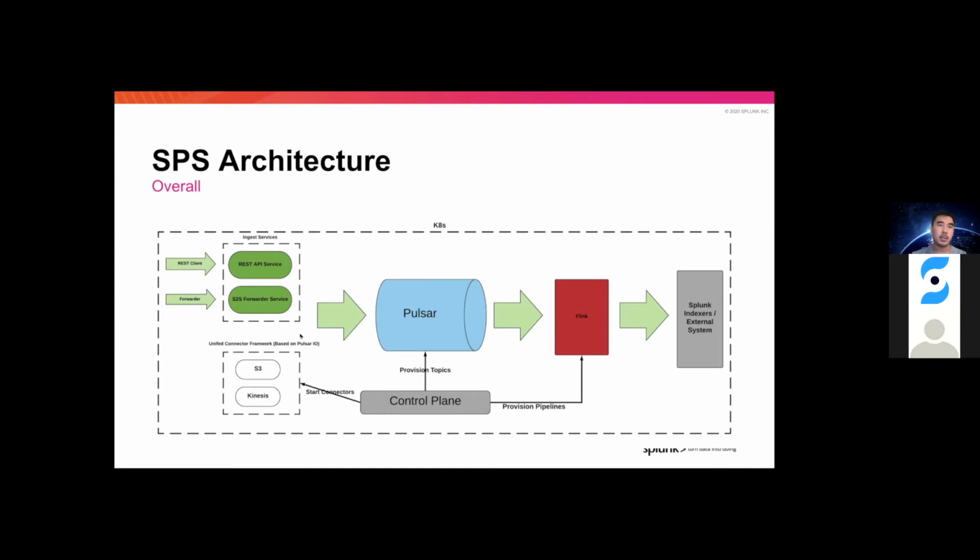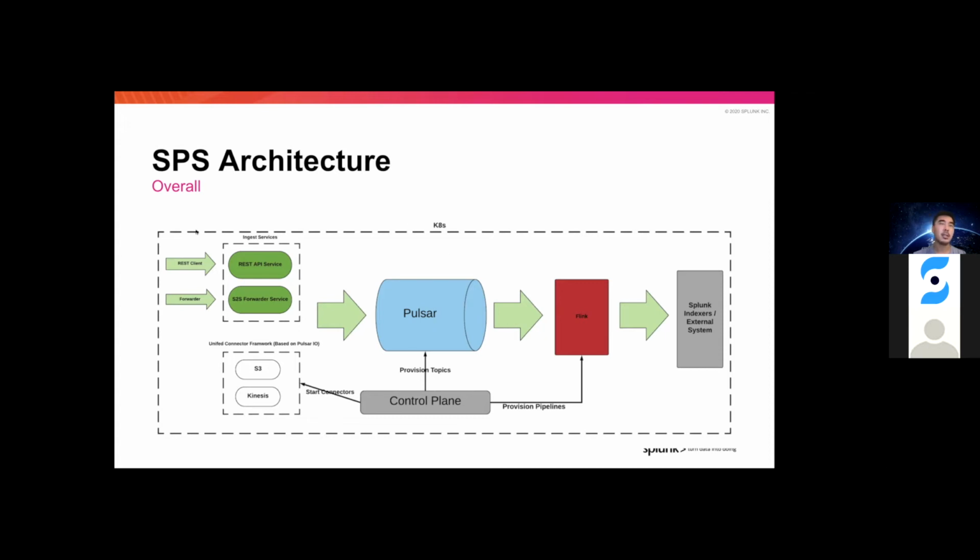People probably familiar with Splunk know that this is traditionally how data is sent to Splunk in general, by configuring forwarders on your various systems, and the forwarders will forward the data in this S2S protocol format into Splunk indexers. So SPS is also able to ingest data in this format, send it to Pulsar, route it to the appropriate pipelines for processing and send it downstream.